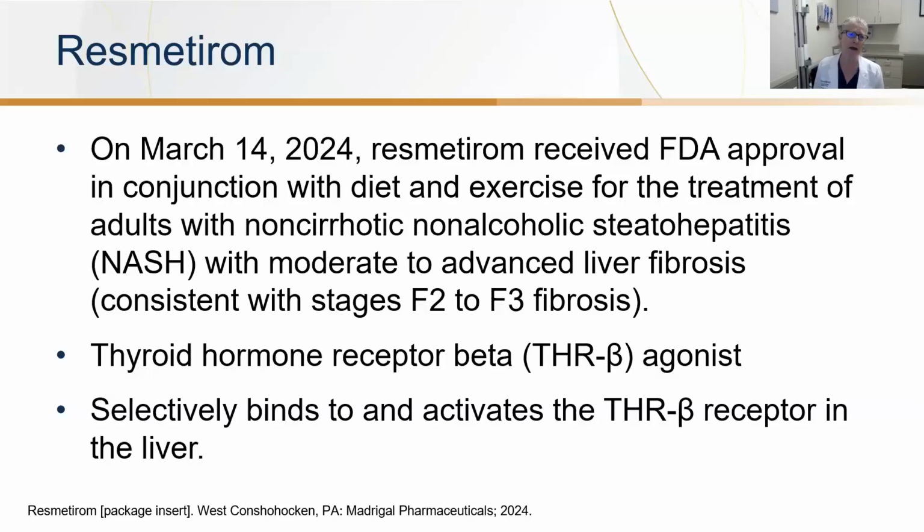So what's so exciting about MASLD pharmacotherapy is that resmetirom is the first medication that received FDA approval, in conjunction with diet and exercise, for patients with non-cirrhotic metabolic dysfunction-associated steatohepatitis. The patients it's indicated for are those with moderate to advanced liver fibrosis stages, so these are going to be your F2 and F3.